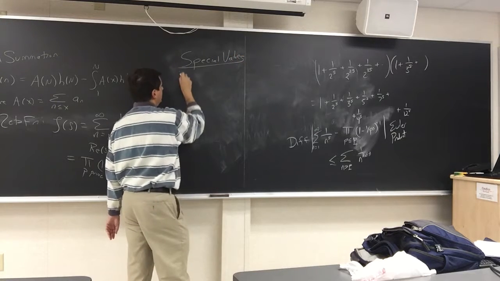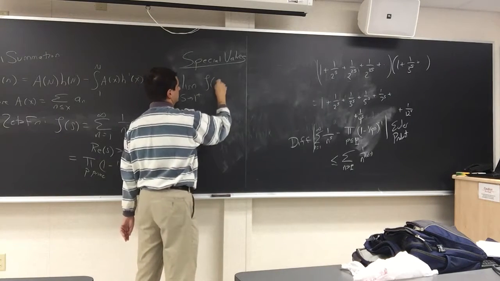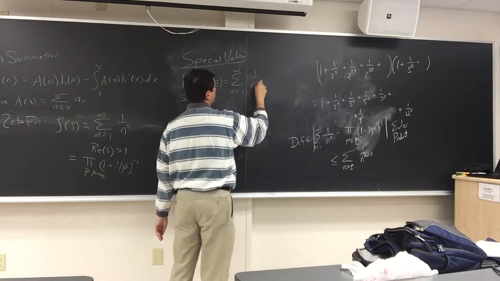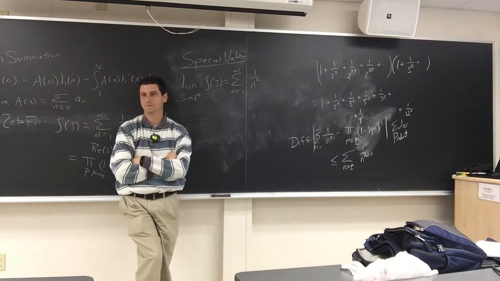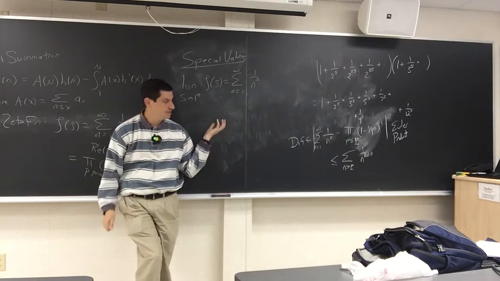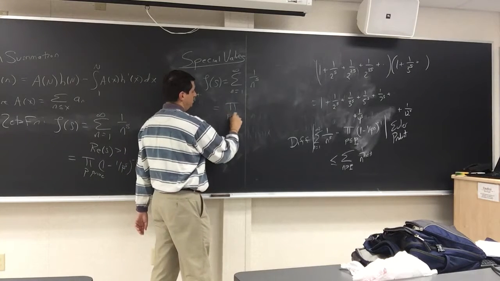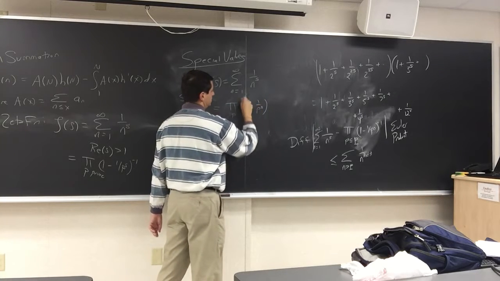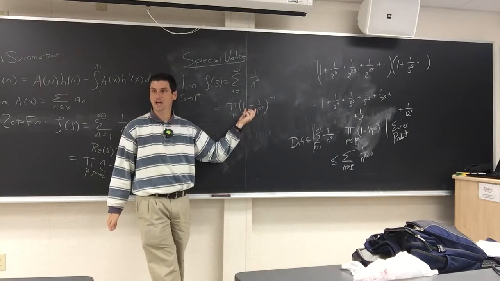Okay, let's take the limit as s goes to 1 from above of zeta of s. This is the sum n goes from 1 to infinity of 1 over n to the s. So as s goes down to 1, this explodes. There must be infinitely many primes. If there were only finitely many primes, then since this is also equal to the product over primes p of (1 minus 1 over p to the s) inverse, this product would be finite for each s, and its limit would be finite.